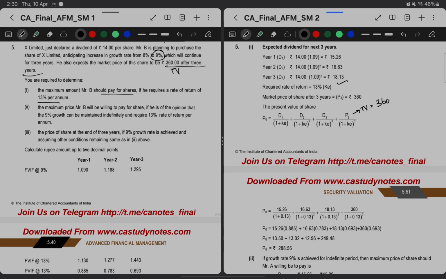Applying the formula, which we have already previously discussed, the dividends we are getting are 15.26, 16.3 and 18.13 for 3 years, considering the 9% growth.